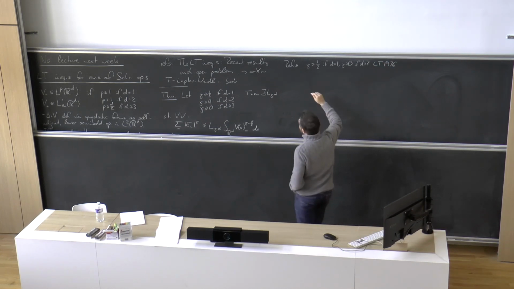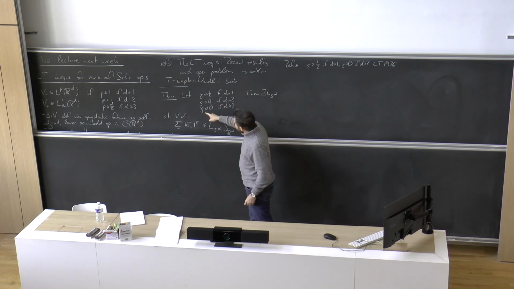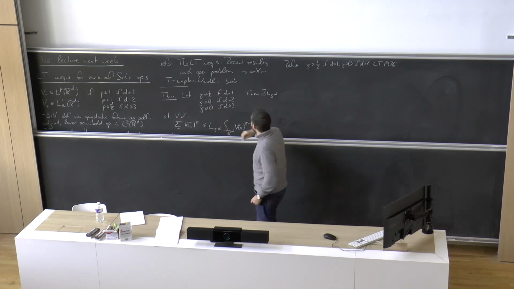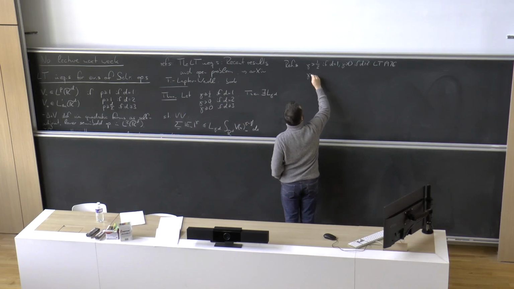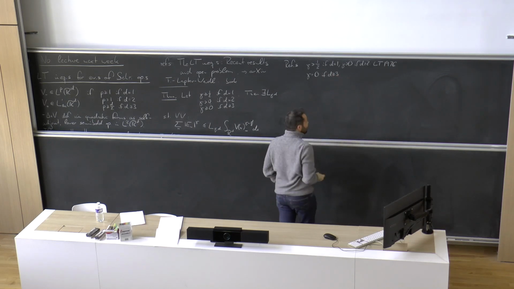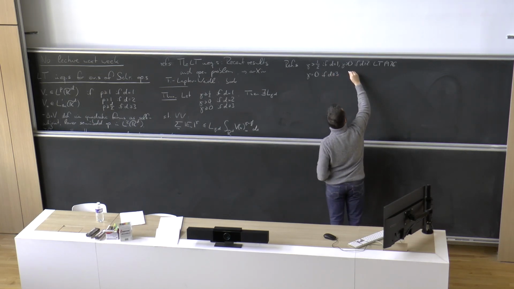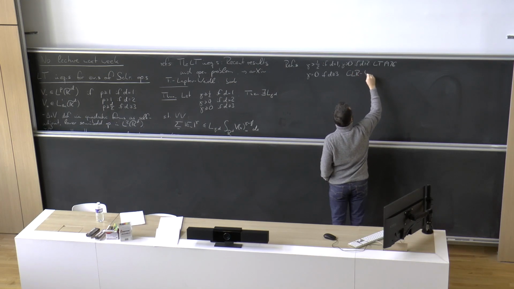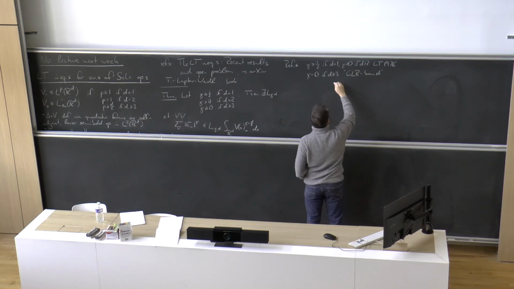Then, let's talk about the endpoint cases. There's the endpoint case gamma equal to 0. If d is greater or equal than 3, this is called the CLR bound. And these names, CLR, stand for Cwikel.